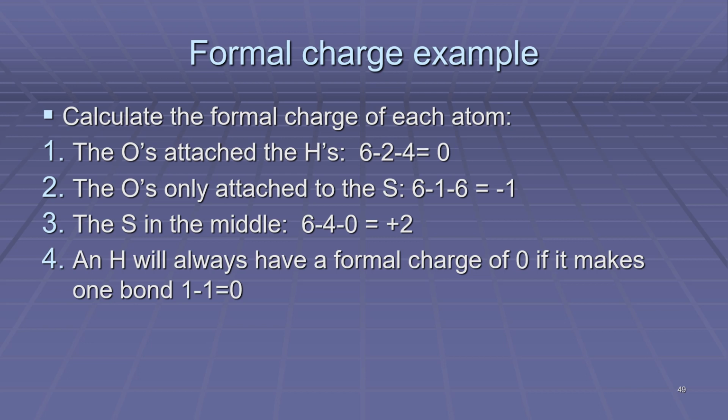The oxygens that only are attached to the sulfur have a formal charge of -1. The sulfur in the middle has a formal charge of +2. And of course, H's always have a formal charge of 0 as long as it makes one bond. So you can see here that our magnitude then is 4, because we have a +2 in the center and -1 on 2 of the oxygens. So that means that we're not at our lowest formal charges, and we can actually make some double bonds.